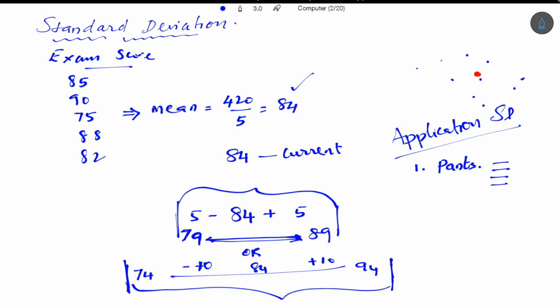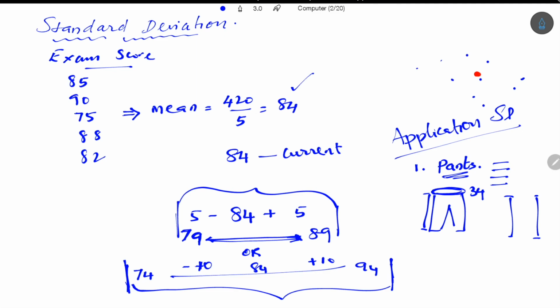So many companies are producing pants. How do they determine the size? Suppose my waist size is around 34, each company's pant may have a difference in the length, right? So how do they derive the length?